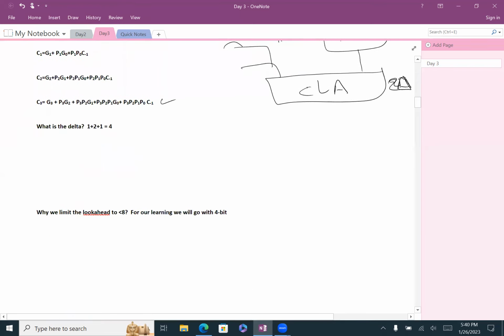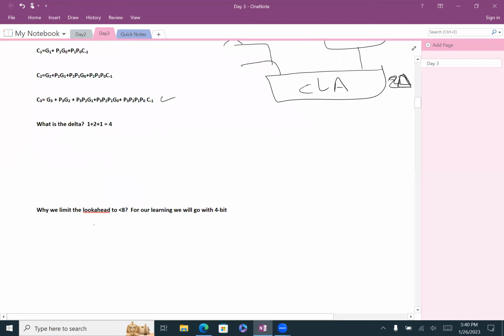Before we go there, remember last week we mentioned that when a gate has more than 8 inputs, in general, the delay will increase and you will not have a benefit of expanding.